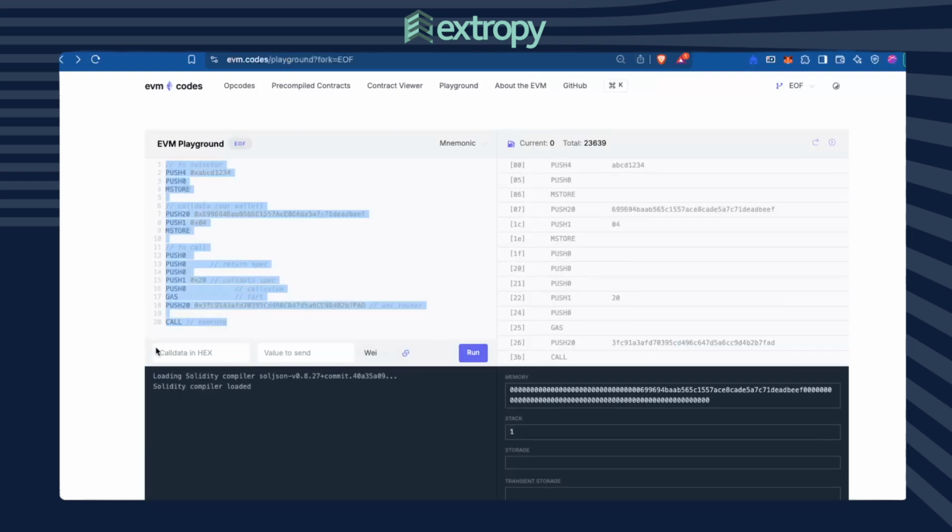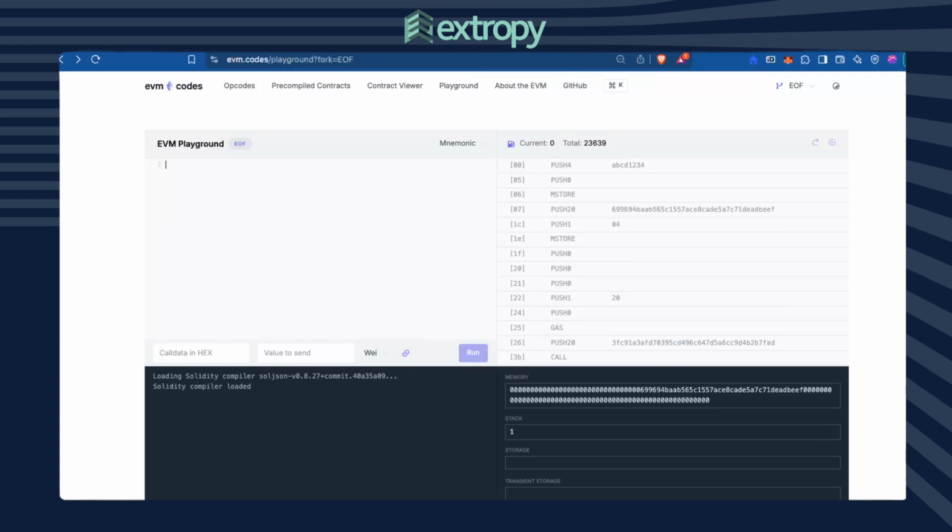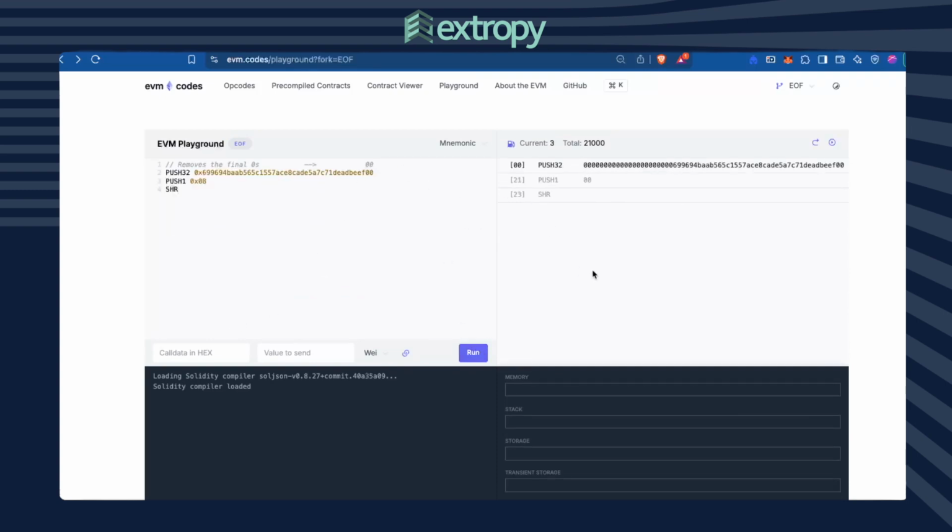So see if I can show you that. We've got our address, but now we've put something else on the end. So when we're doing the push, we're not doing a push 20 anymore.